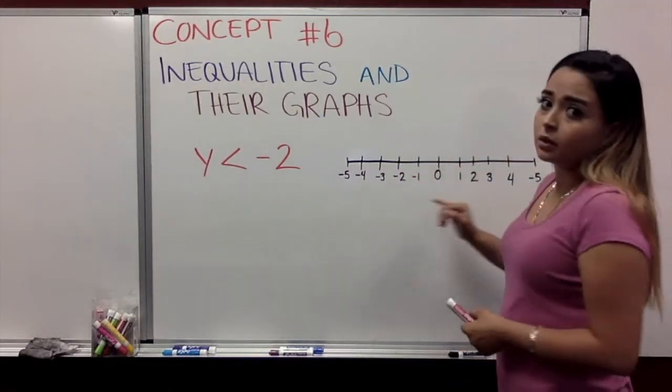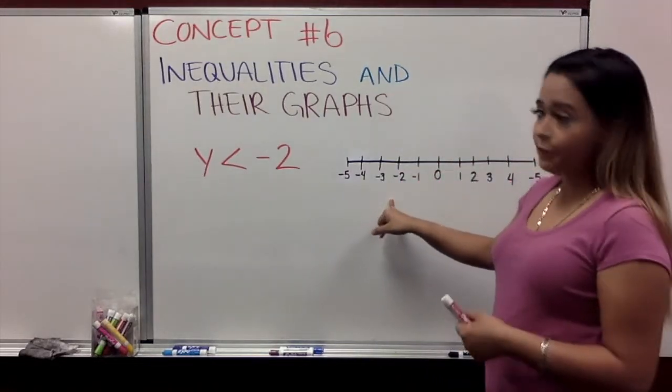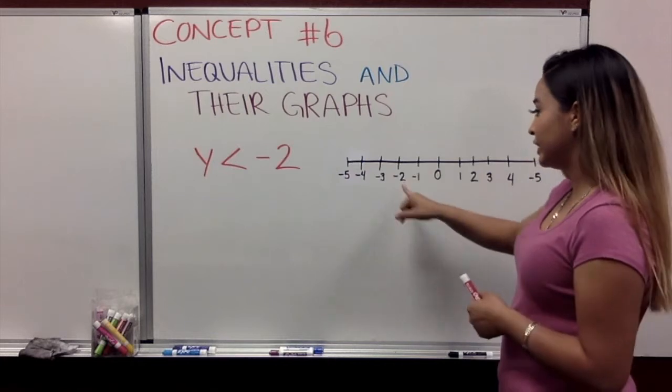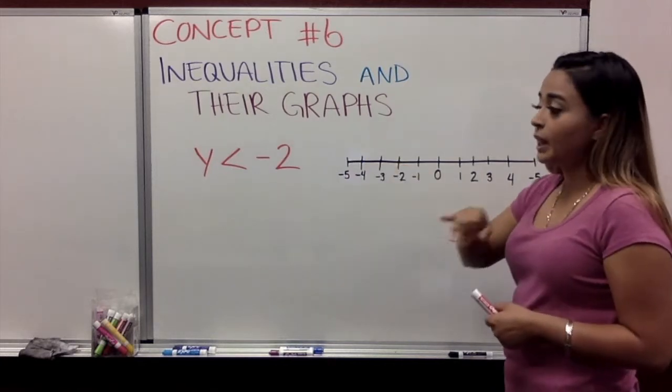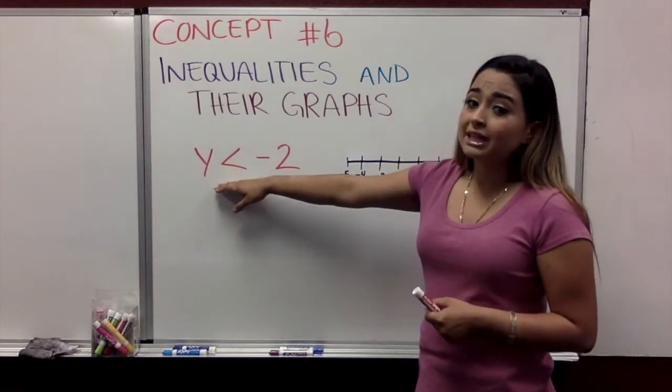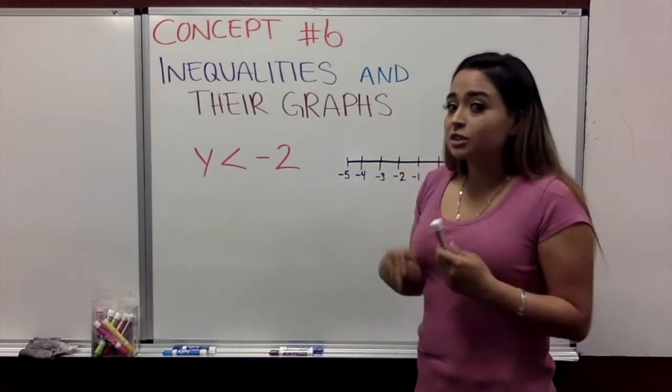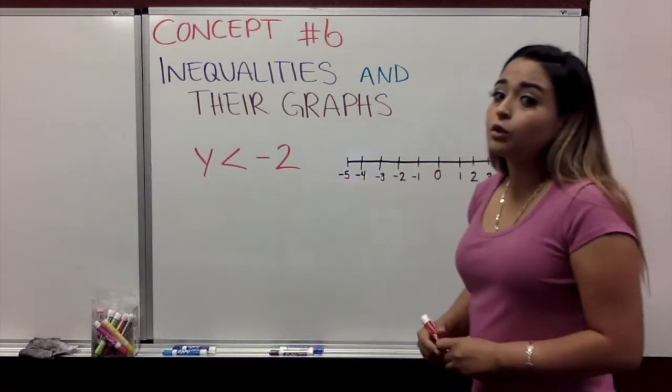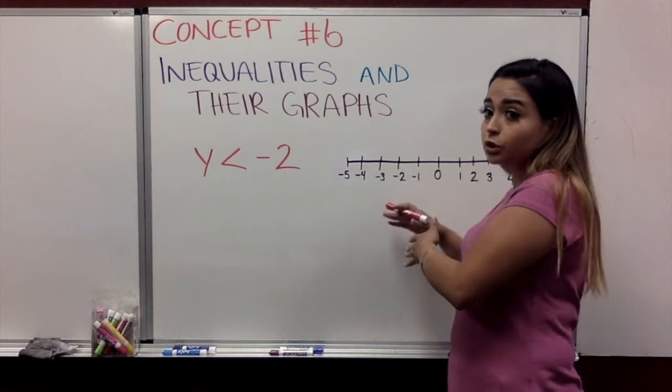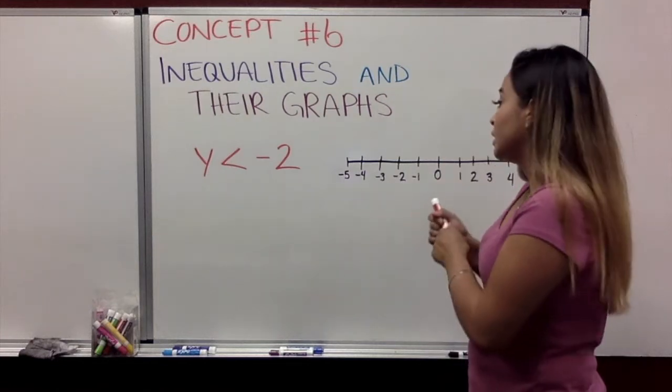Now on the number line, we can pinpoint -2, right? It's right here. Now, we know that it's less than, but that's all we know. We don't know if it's equal to -2 or not.